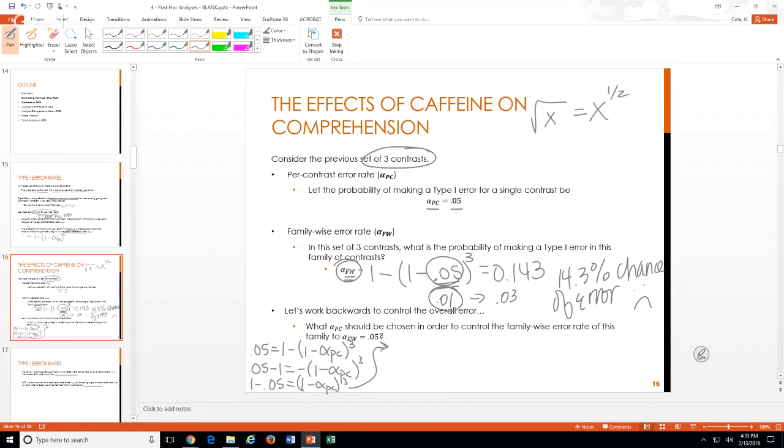So the cube root of x is raising x to the what power? 1/3. So that's what we'll do here. Okay, so we'll say then 1 minus 0.05 to the 1/3 equals 1 minus alpha PC. And alpha PC, it's not quite by itself yet.